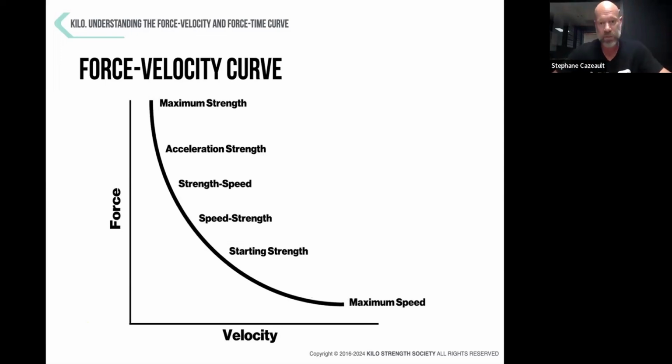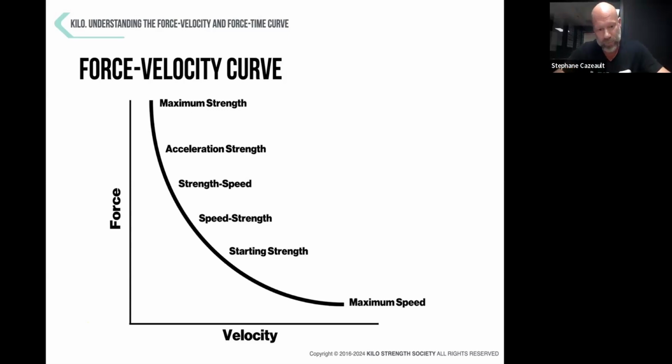We still have maximum strength on top, we still have maximum speed on the bottom, but now the explosive strength family is segmented. So we have acceleration strength, then a little bit lighter, a little bit faster, we have strength speed, and then we have speed strength, and then we have starting strength.